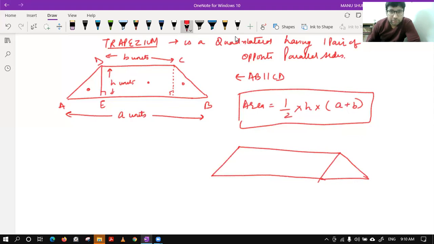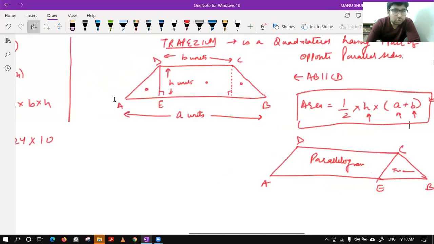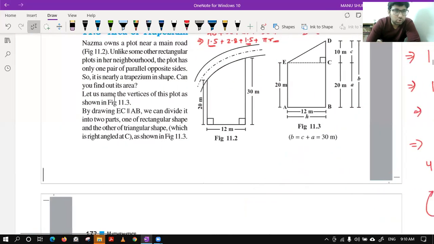This is your trapezium ABCD, and with this construction you get one part as a parallelogram and one part as a triangle. So this way also you can find the area. It depends which way you want. Using the formula is most convenient if you know the height and the sum of parallel sides. Now let's see some questions based on this so that you can do your homework today.